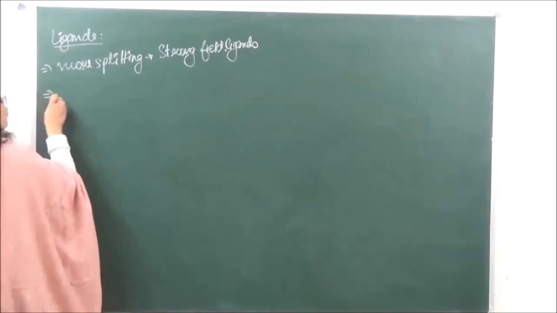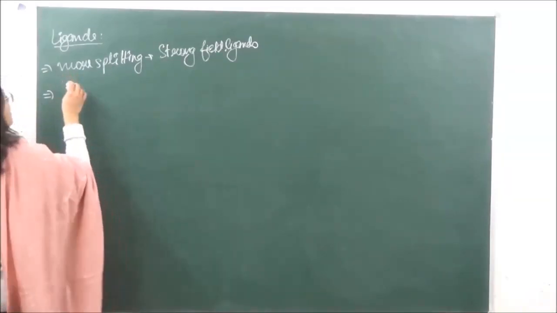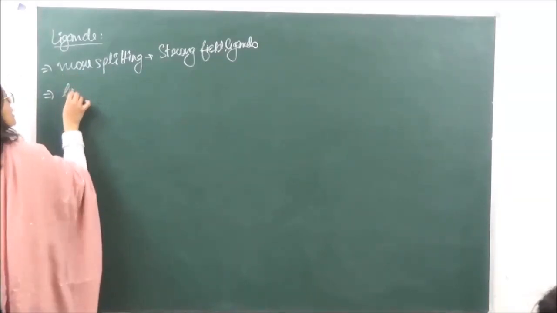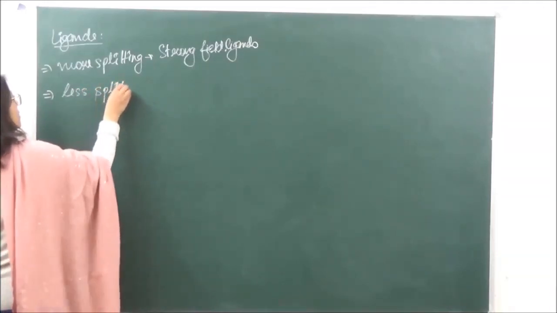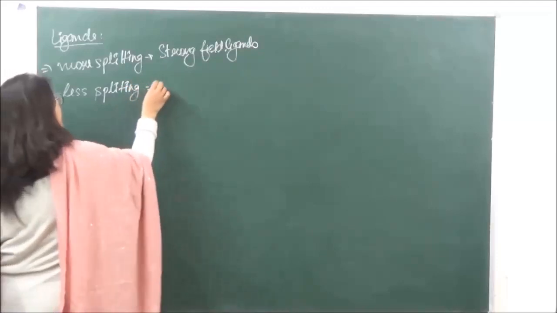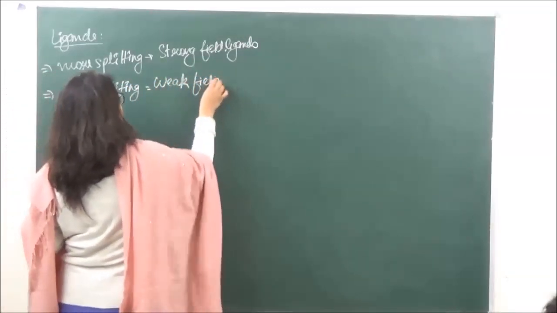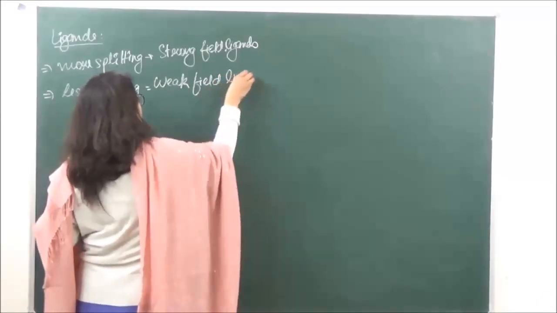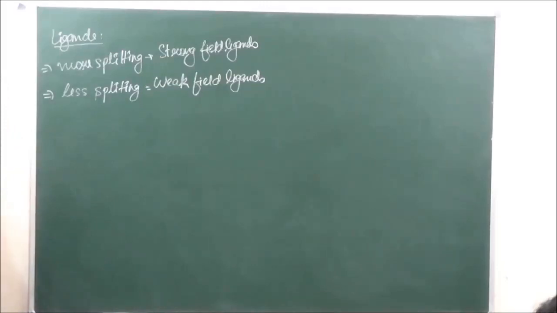And those which approach the central metal atom with difficulty are going to cause less splitting, and they are known as weak field ligands.